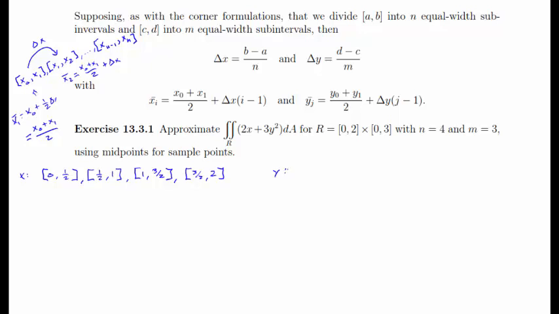In the y direction, we're cutting up 0 to 3 into 3 parts, so we have 0 to 1, 1 to 2, and 2 to 3. So we have x sub 1 bar equals 1/4, x sub 2 bar equals 3/4. And we see delta x is 1/2, and indeed 1/4 plus 1/2 equals 3/4. x sub 3 bar equals 5/4, and x sub 4 bar equals 7/4.